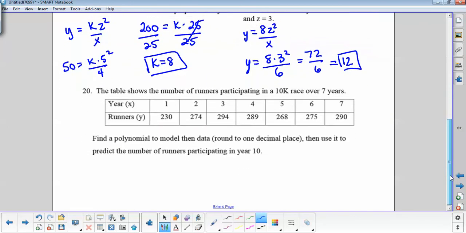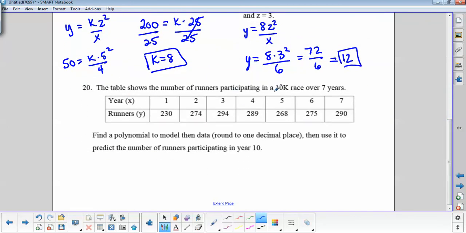Alright, last problem on this page. We have a table, and we're trying to find out the polynomial to model the data. And then we're going to predict the number of runners participating in year 10. So we need to look at our data and try to figure out if it's linear, quadratic, cubic. Okay, so let's look at the data. The data starts at 230 and it's increasing until you get to 294.